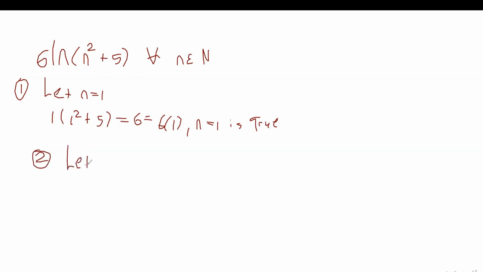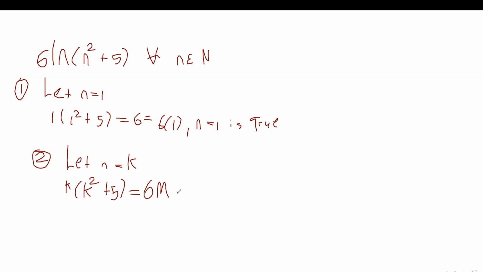So now we can let n be equal to k. If we let n equal k, we're going to get k times k squared plus 5. Now, Marika, we're going to assume this is true. So we're going to write that it is equal to 6 times m. M for Marika.